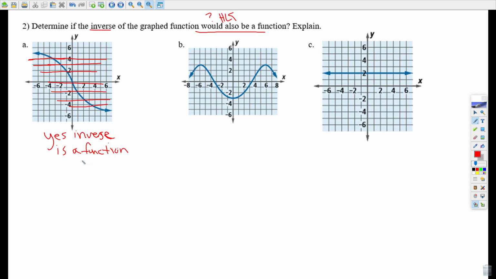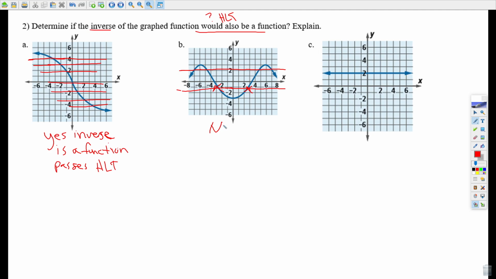It passes HLT, horizontal line test. Then you just do the same thing for these ones. This original one is a function. It passes the vertical line test. Unfortunately, if you go across, specifically up here, or even down here, it doesn't really matter where you go, you're hitting more than one time.